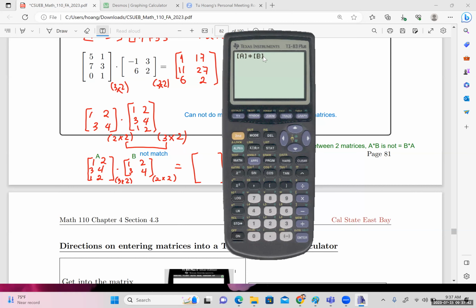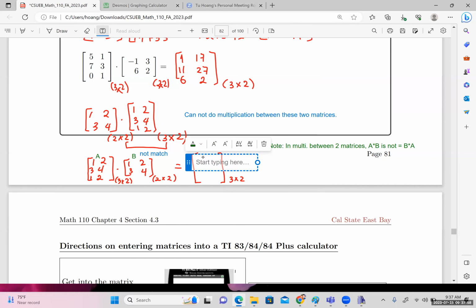So you have matrix A times matrix B. Enter that. Okay, so now you have the matrix 7, 10, 15, 22.